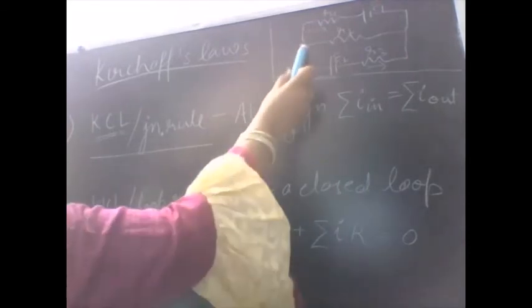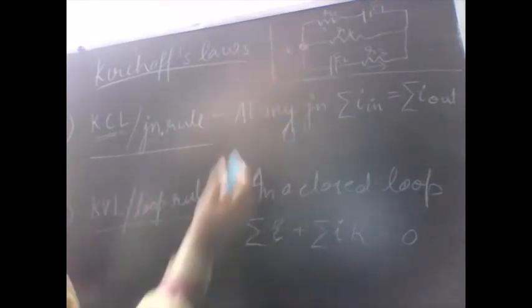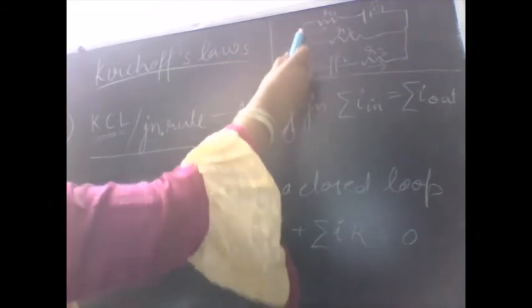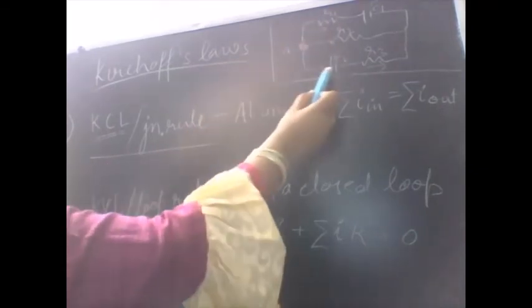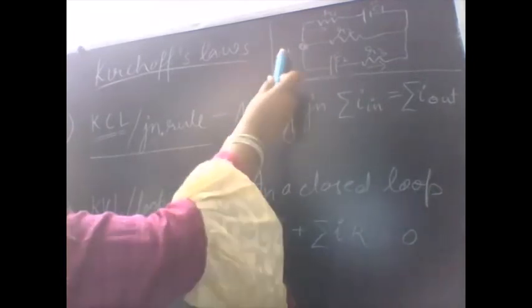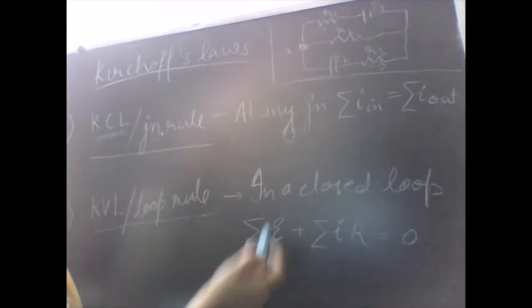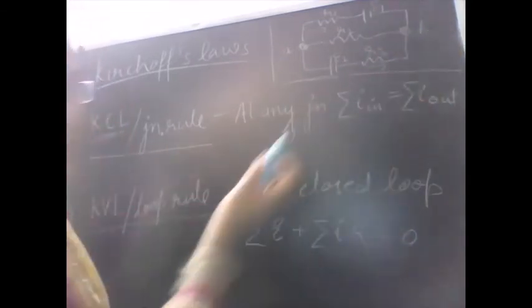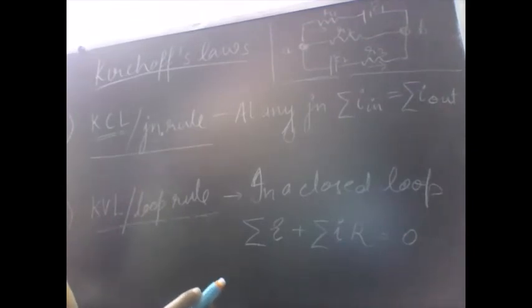So here, let me call this point A. At this point A, one wire going to R2, one wire going to R1, and the third wire going to the cell E2. There are three wires, so I'll call point A a junction. Same way, let me call this point B. B will also be known as a junction.